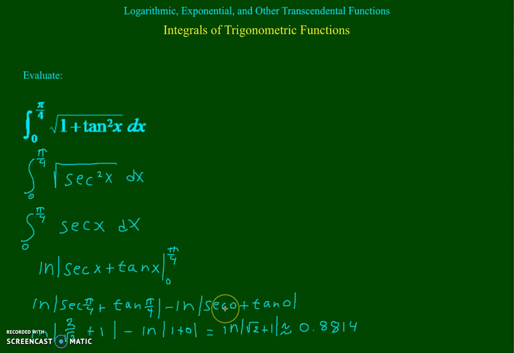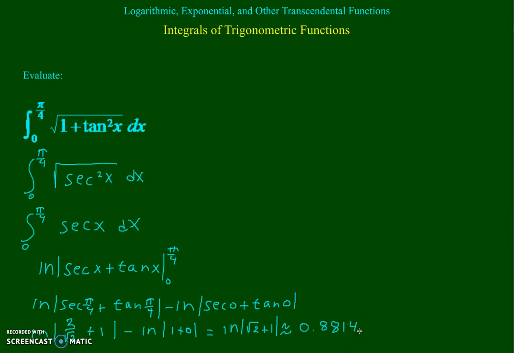The secant of 0, since this is 1 over cosine, and cosine of 0 is 1, secant 0 is 1, tangent 0 is 0, so this is just the natural log of 1, and we know that that drops away to 0. So this whole thing comes down to the natural log of the square root of 2 plus 1, which is approximately 0.8814.